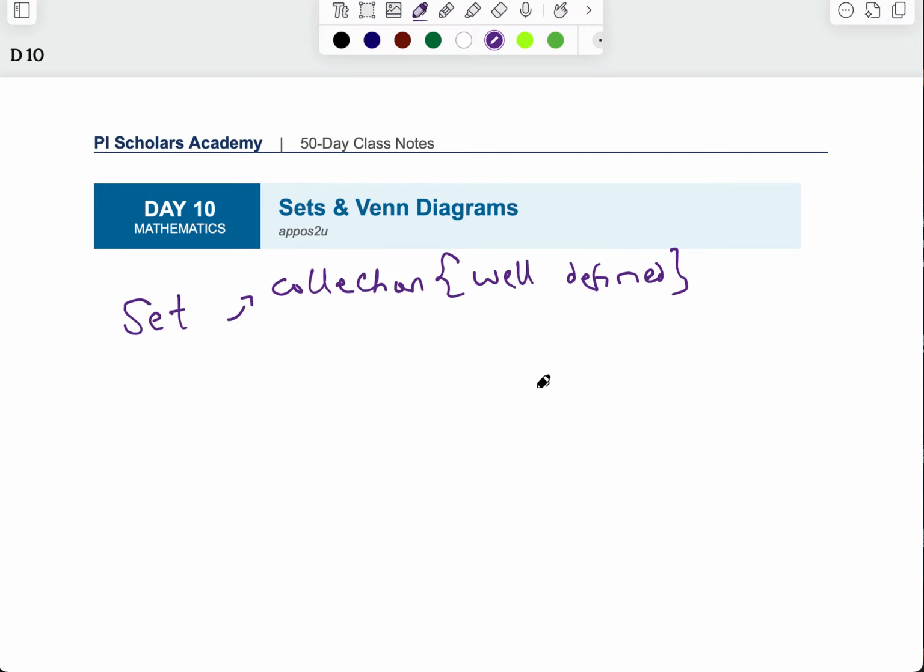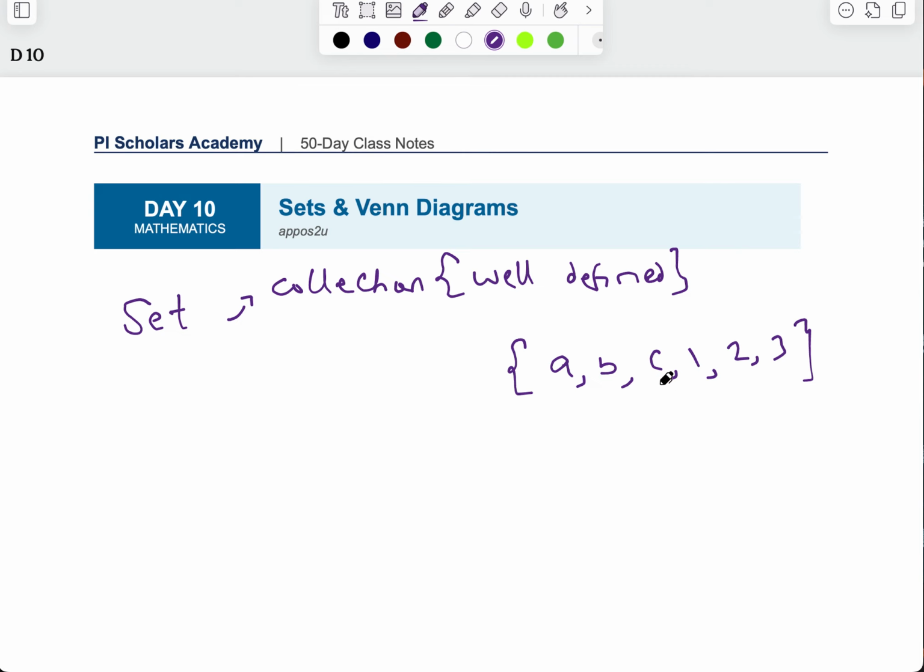For instance, if I have a set containing A, B, C, 1, 2, 3, I have to properly define it. If I say this is a set of English alphabets, it is not well defined. Or if I say this is a set of some natural numbers, it is not well defined.